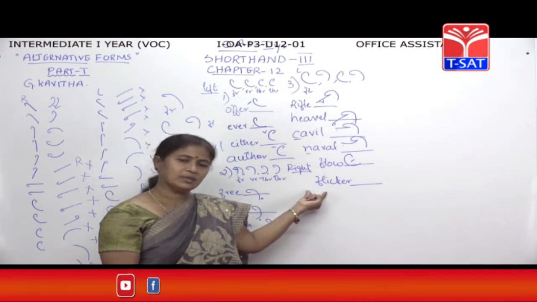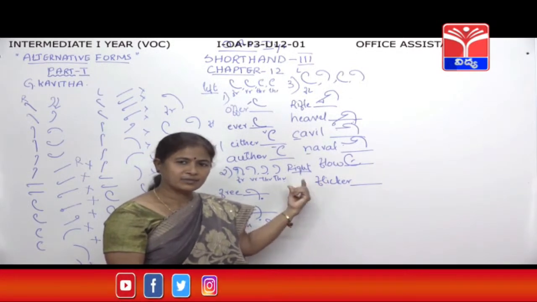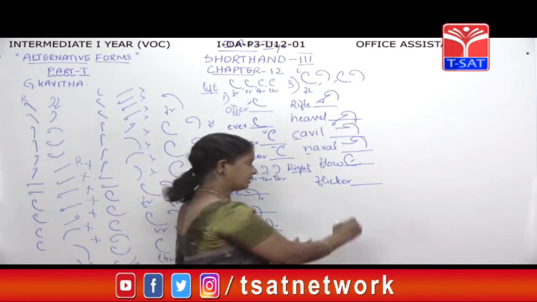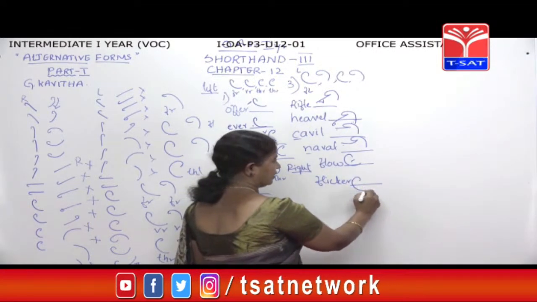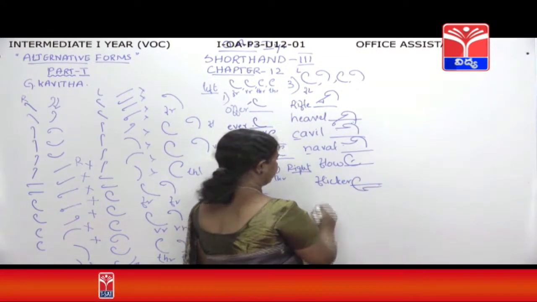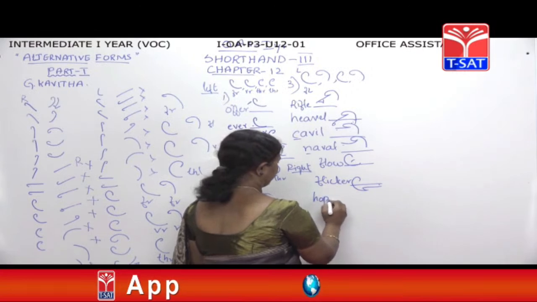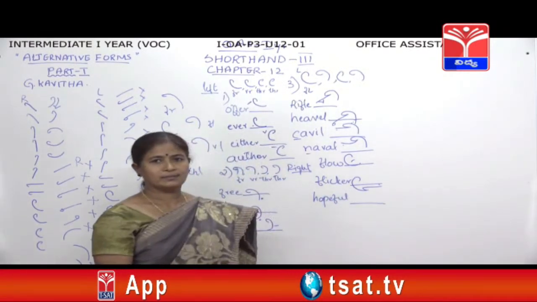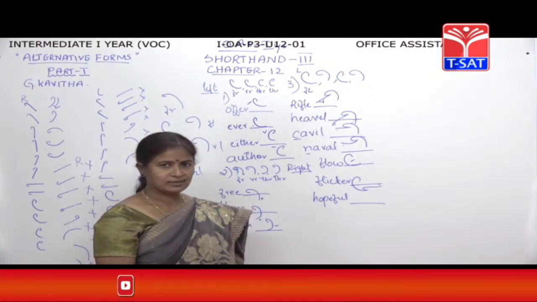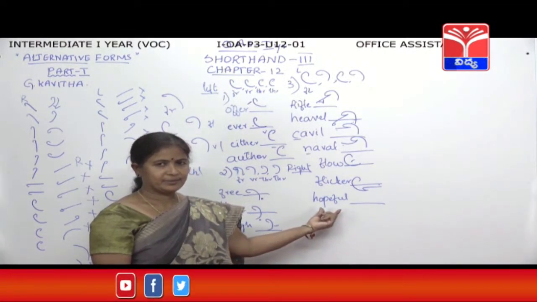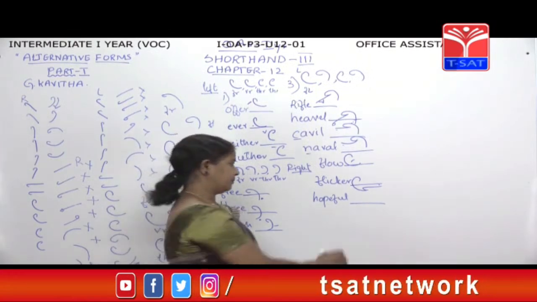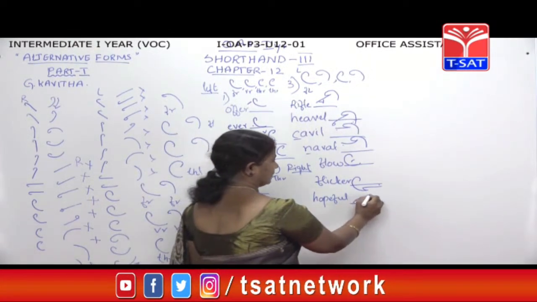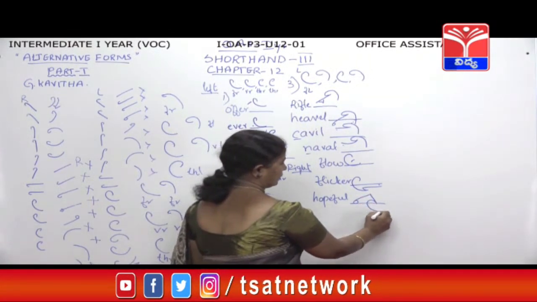No. So we use left forms. Flicker, left full and cur. In the third place, right full and cur. Hopeful. Upward H, right? Upward H, P and full. This is hope and full. Hopeful.